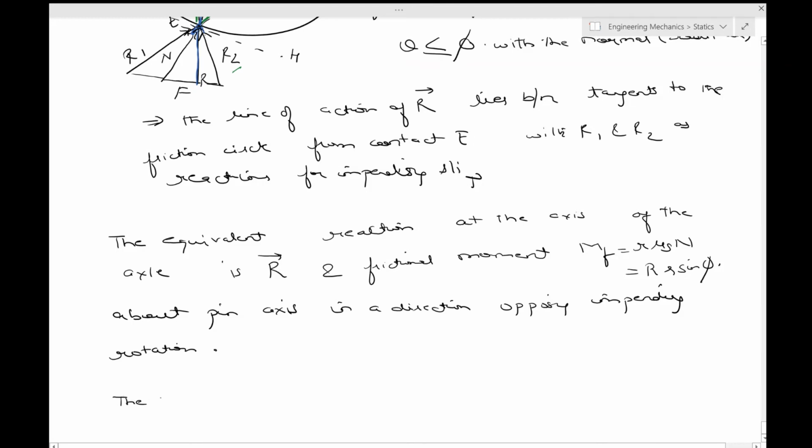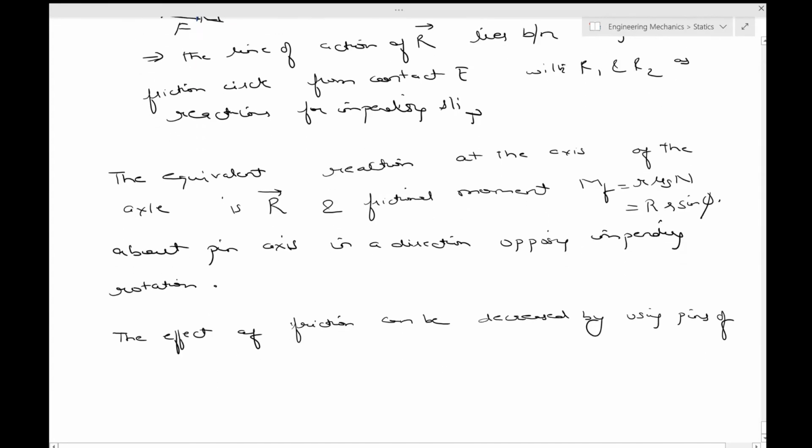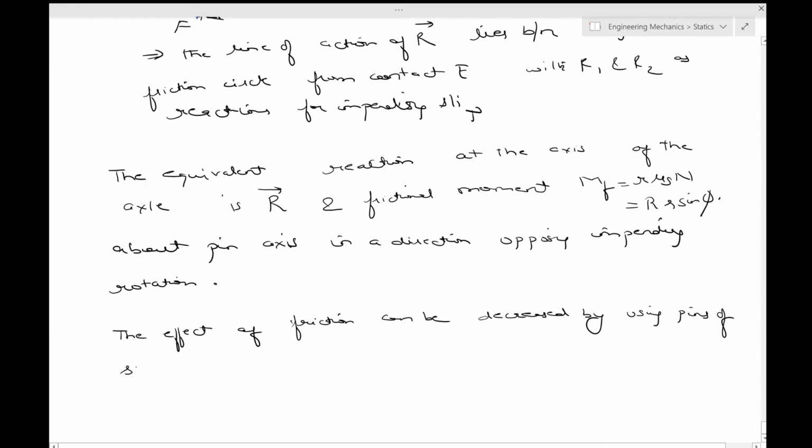So the effect of friction in the pin can be decreased by using pins of small radius r.